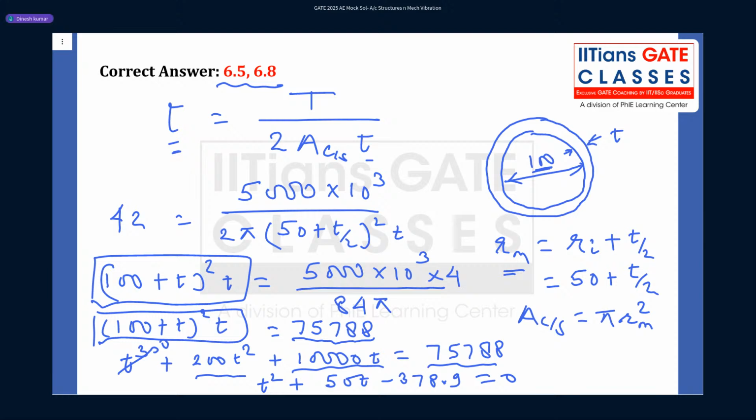Can you solve this equation, guys? So it is coming 6.68, right? Perfect, right?